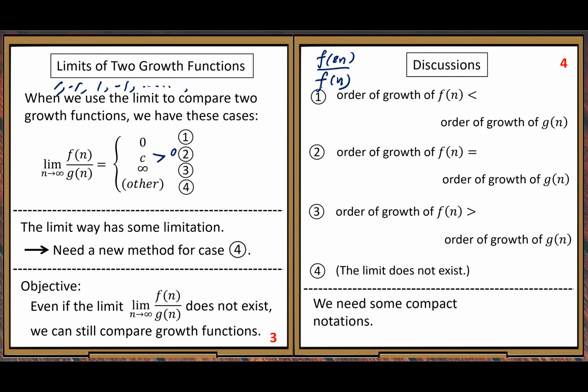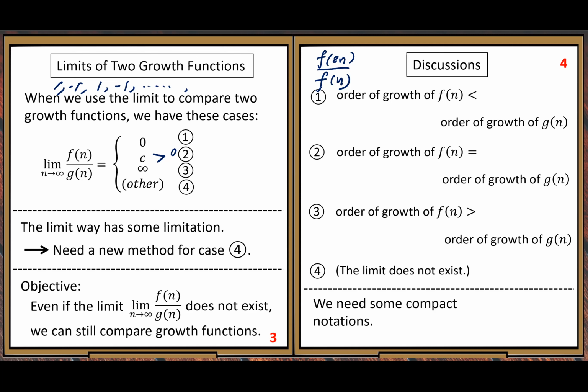The meaning is that the limit of the ratio equals 0. But it's not 0, it's a little o. In math, notation is very important. Good notations can make our thinking much better. Notation helps our thinking.